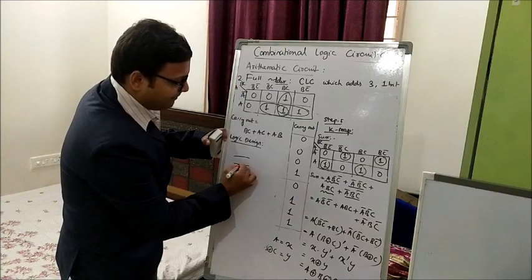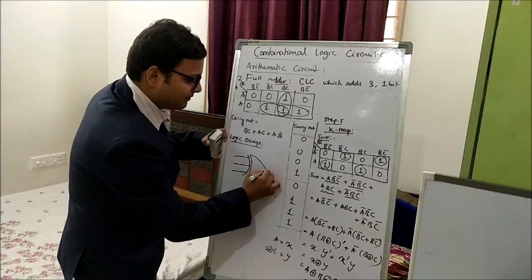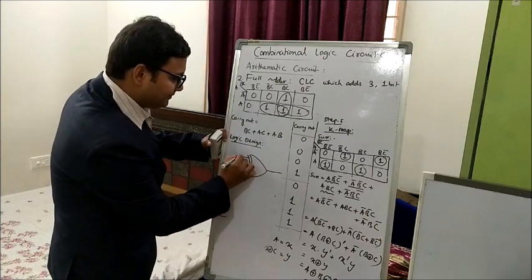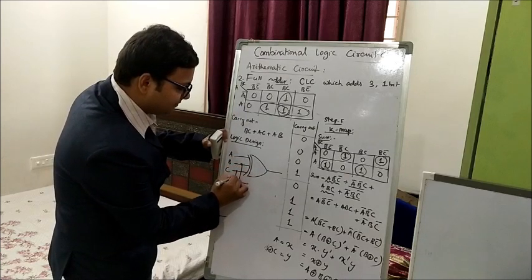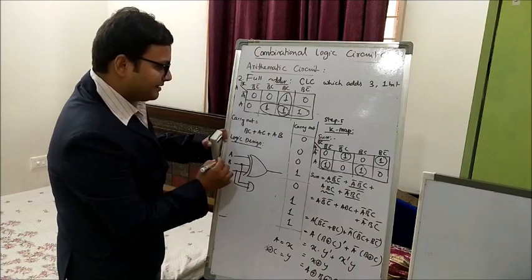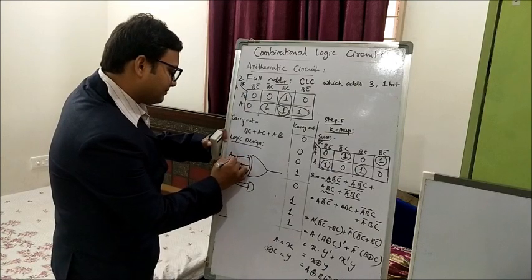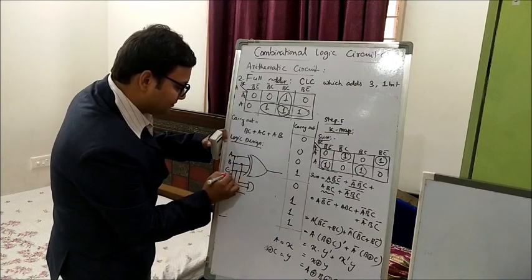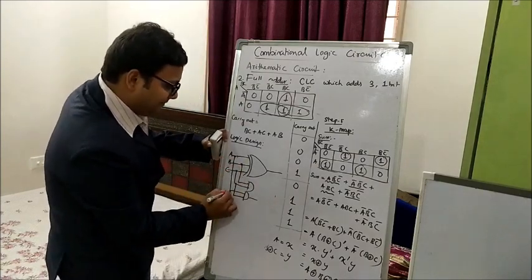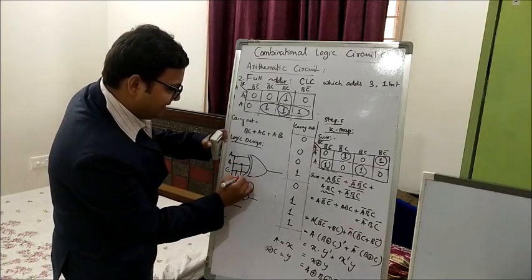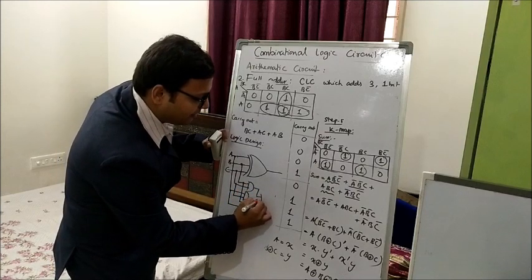So now we will have the logic design, step 6, which is nothing else: A, B, C into a 3 input XOR. Next, this is A, B, C. Next, B, C. Next, AC. This is C, AC. Next, AB. This is my A, B. So finally it will be an OR.